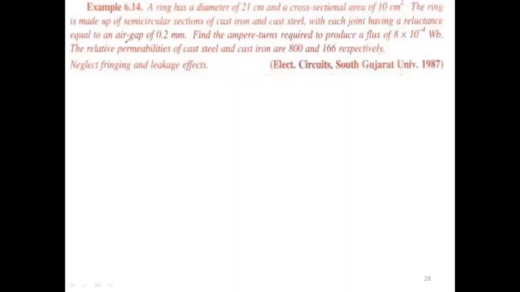Having a reluctance to an area of 0.2 mm. Circle means this is a complete circle. Here the half part is made. This is one iron part. This is another steel part. In between he has given the 0.2 mm gap here. So air is also a material, so not only one type of material you are using.